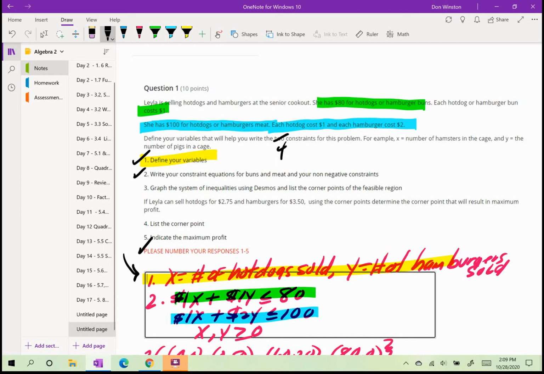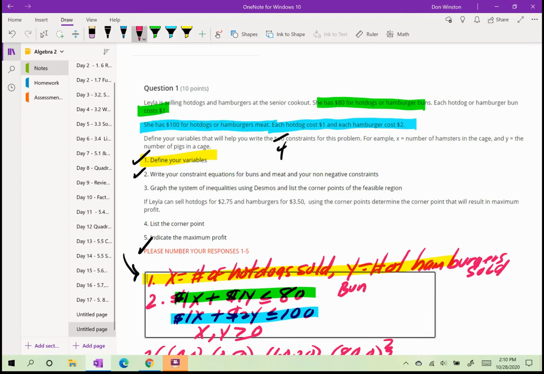So the first constraint, the bun constraint: each hot dog bun costs $1 and each hamburger bun costs $1. So X plus Y, or 1X plus 1Y, has to be less than or equal to $80. That's our bun constraint.